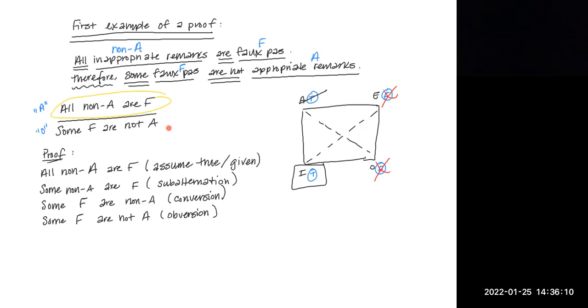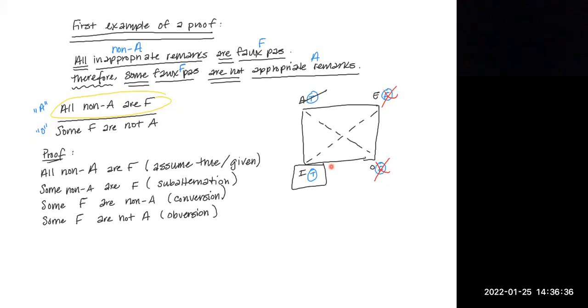We've shown that we can take the premise, work with it using the traditional square of opposition, conversion, obversion, and contraposition, and show that we can turn it into the conclusion. Also, you may be wondering, if this conclusion is true here, why is it false on the square? Again, it's because we're not working with the conclusion, we're only working with the premise.